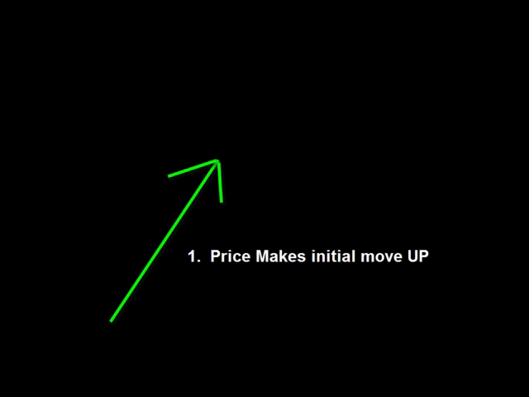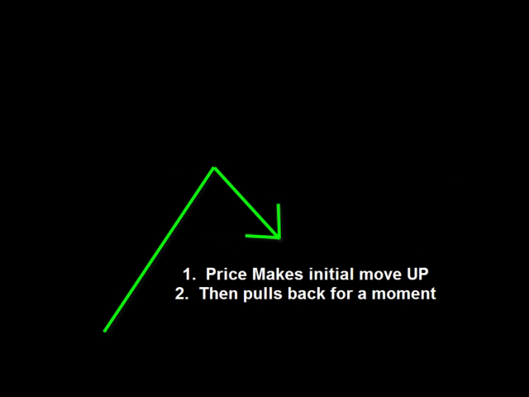Now let's talk about the overall structure of what this looks like. This is going to be a long example where price is moving up. The first step is we see price make its initial move up. Whether or not this is breaking out of consolidation, it just means at this time price is moving up. The second step is that it will then pull back from this moment.